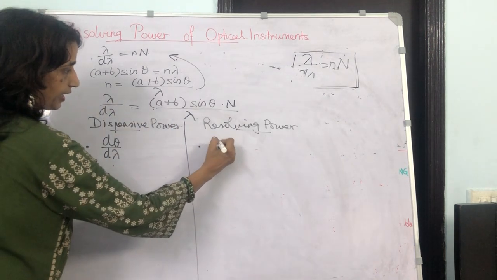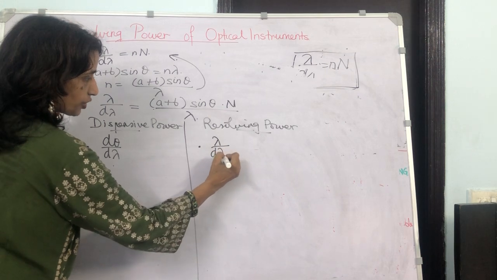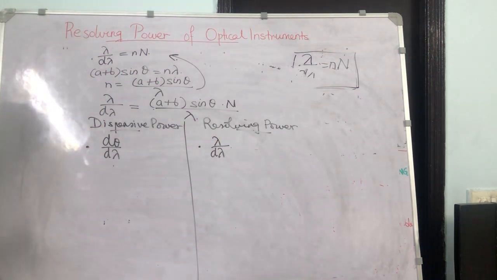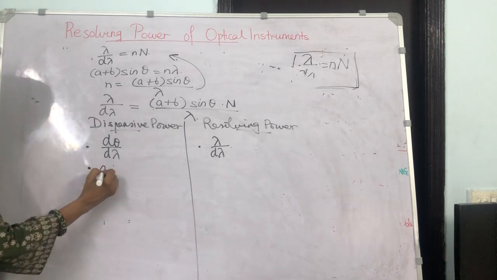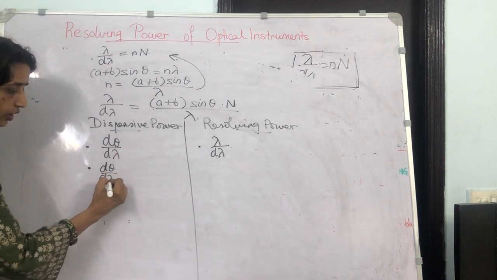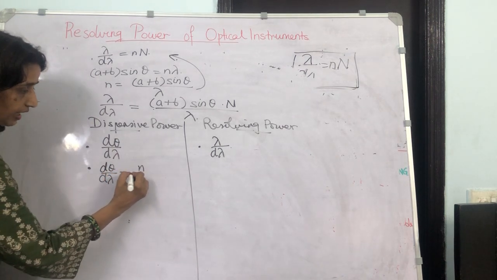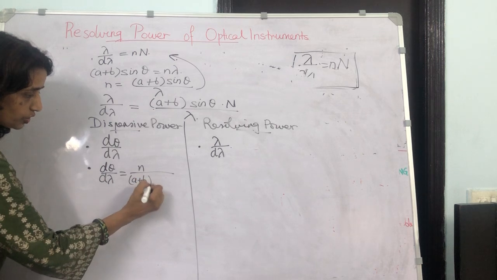Resolving power is the ratio of the wavelength of any spectral line to the smallest wavelength difference between neighboring lines for which the spectral lines are just resolved. Second, we are doing all differences from the formulas we have learnt. We are not writing down too much theory.